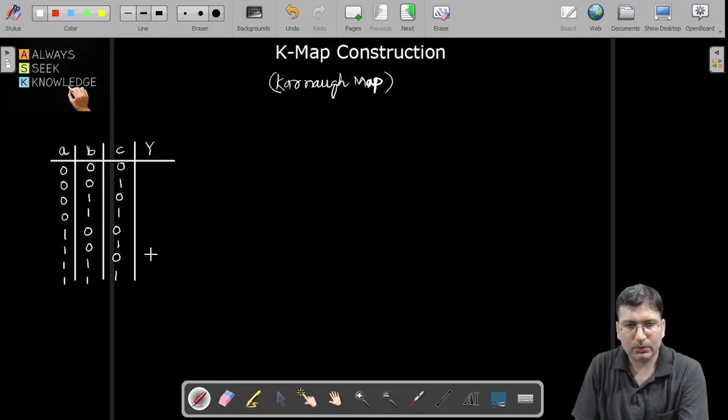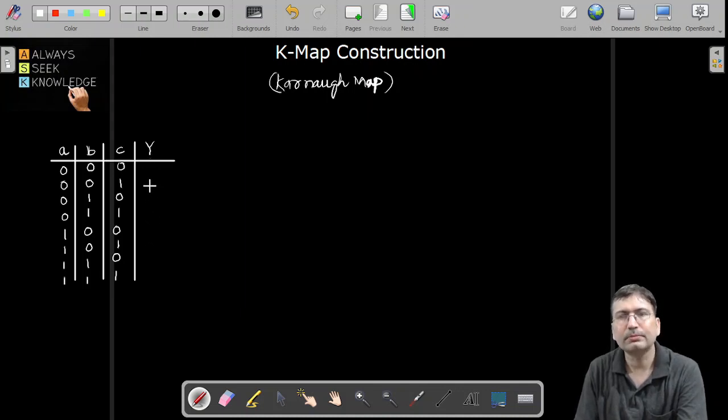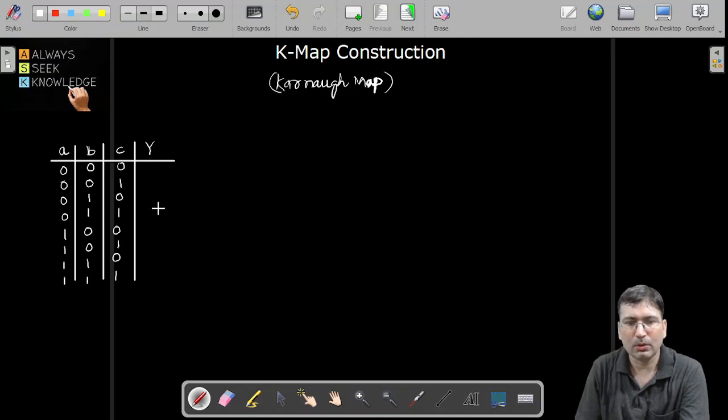Now the values which can be filled here can be either 0 or 1, right? Sometimes in a function, a position out of these 8 may be the don't care position. So possibly these places can be filled by 3 values, either 0 or 1 or don't care.